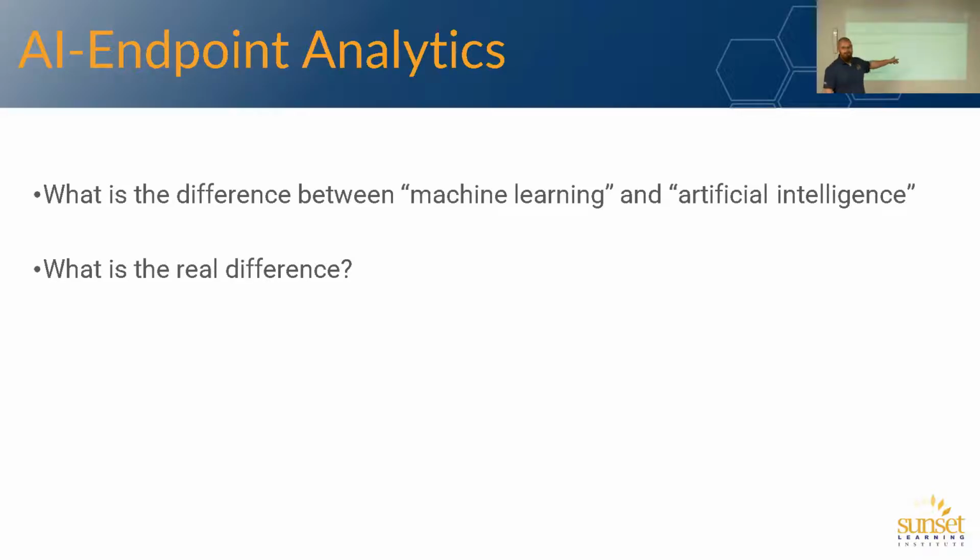All right, what's the real difference? There actually is a difference. Both machine learning and artificial intelligence are algorithm, are pattern driven. But the difference is the output. With machine learning, we're looking at patterns, we're looking at a number of samples to either be able to just recognize that exact same pattern in the future, or to be able to generate more content, generate more of the same pattern.